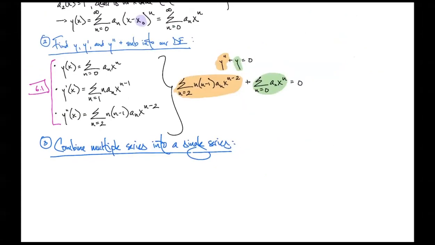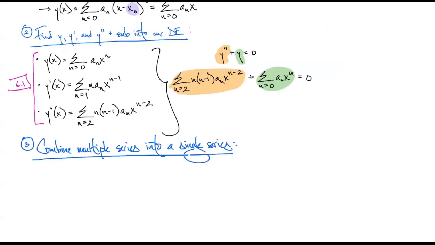Okay. We want to combine multiple series into a single series. Meaning up here, I have an orange series and a green series, but I would like to get just one. I don't want two separate ones. I just want a single series.